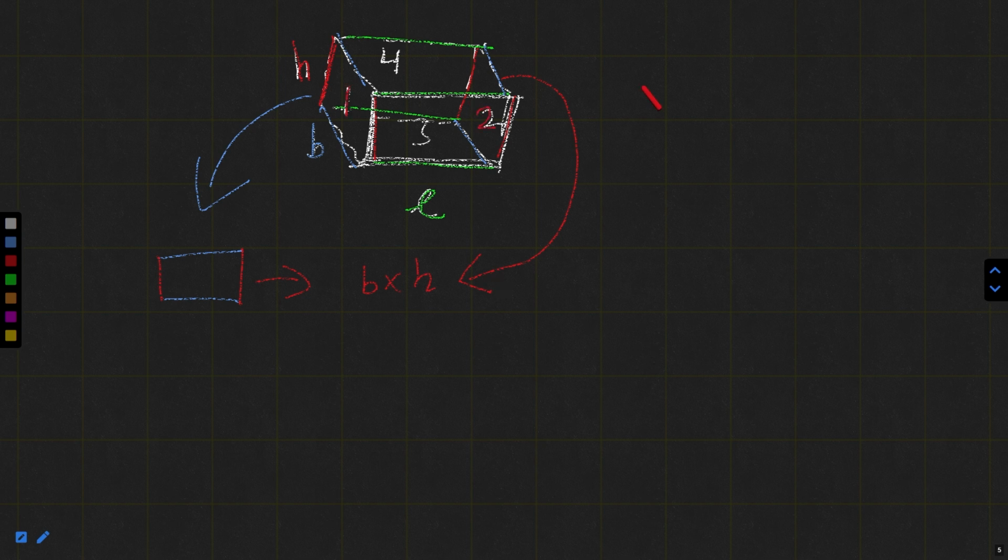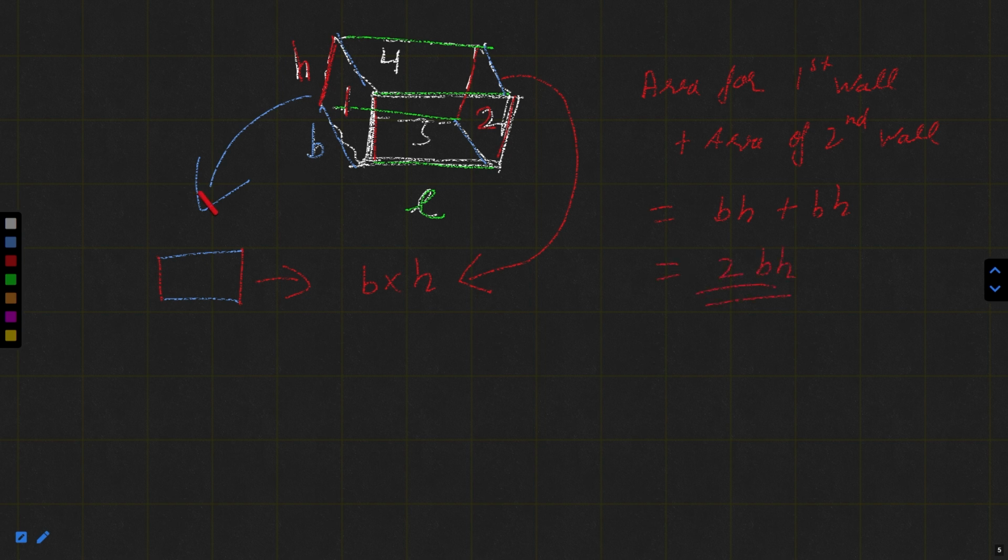So area of the first wall plus area of the second wall is BH plus BH, which implies 2BH.